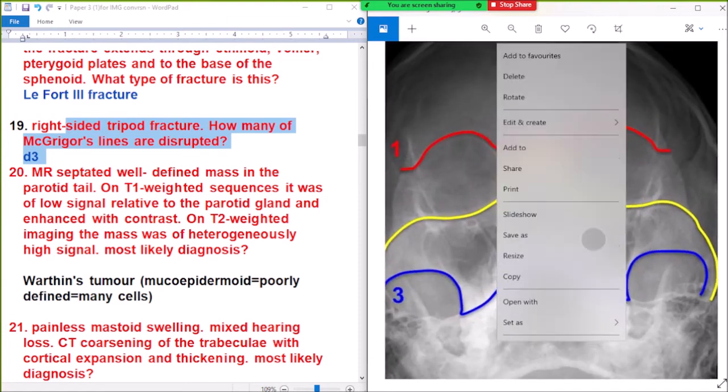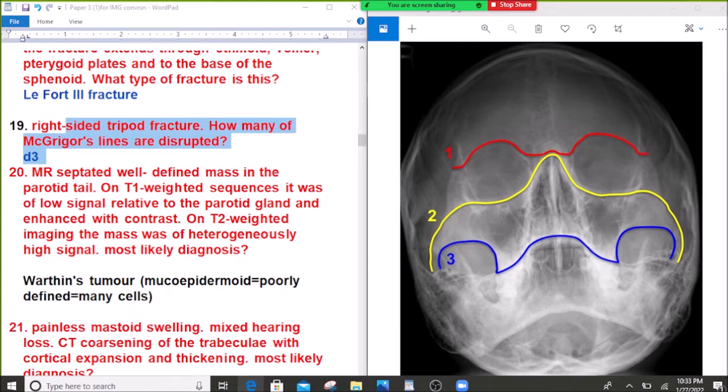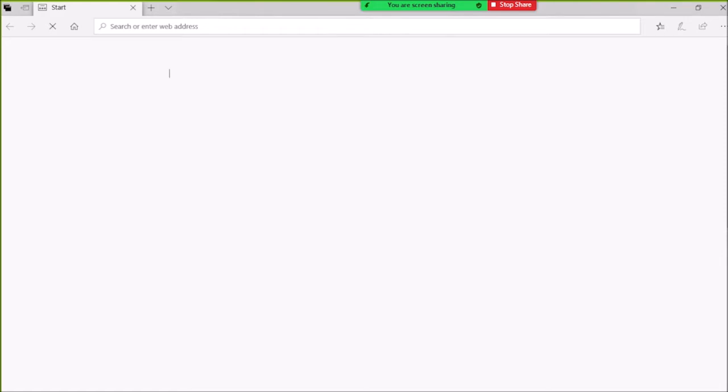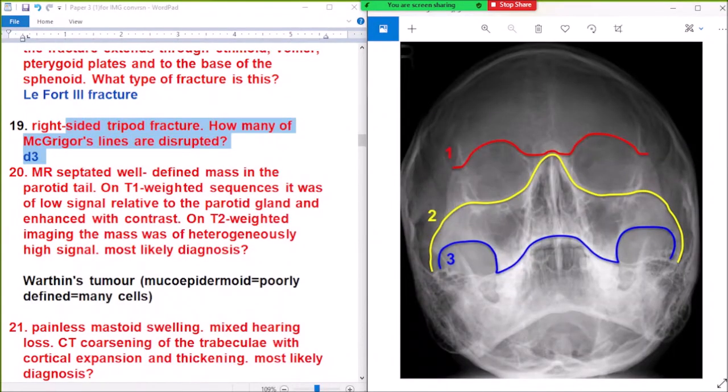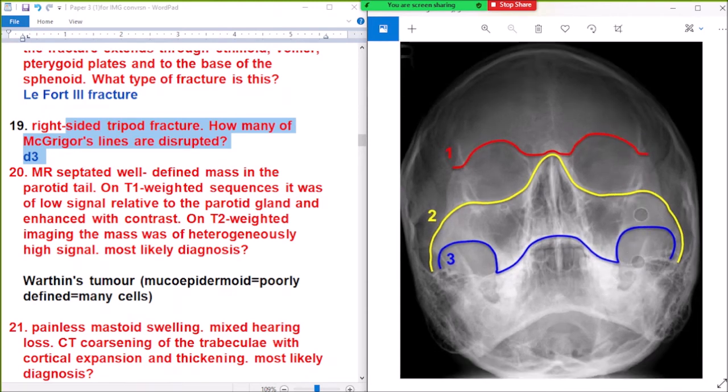Let's remember that a tripod fracture consists of fracture of the frontal bone, maxillary bone, and cheekbone. So in that, all 3 McGregor lines are disrupted in right side tripod fracture. Similarly.